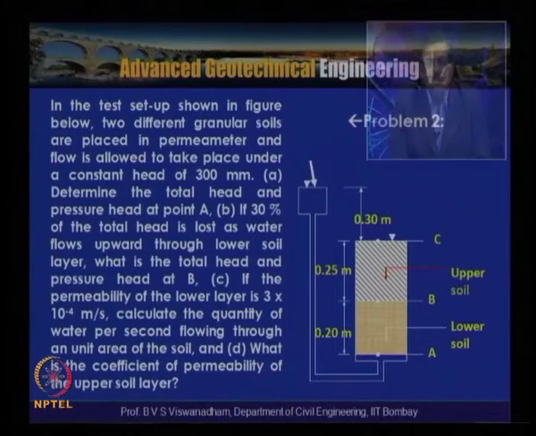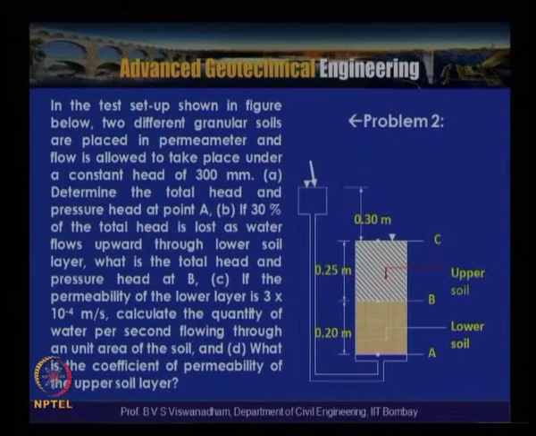In problem 2, the test setup is shown here, which has 2 layers of soils, upper soil and lower soil, and this limb is at a height of 0.3 meter. A constant water flow is maintained here.